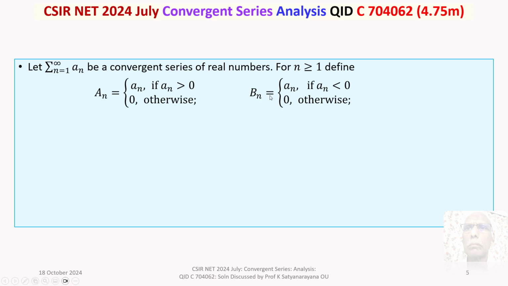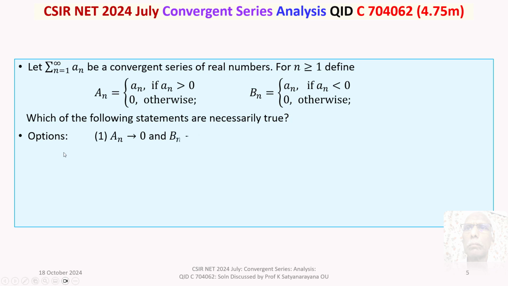Capital B n is equal to a n if a n is negative, is equal to 0 otherwise. So be careful about capital A n and capital B n. Understand them properly. Which of the following statements are necessarily true?